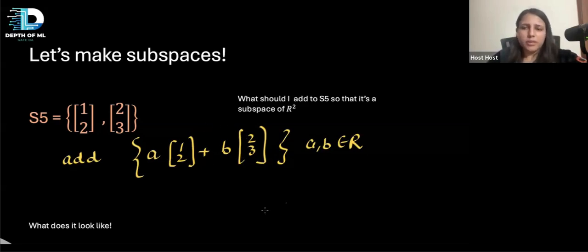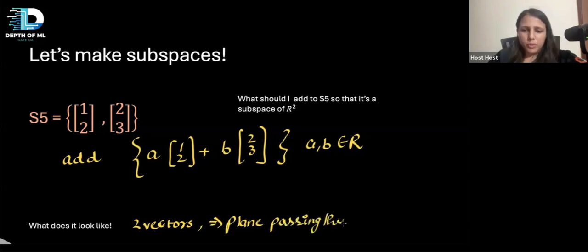We'll come to that in a while, actually. And what will it look like? I have two vectors and I'm taking a linear combination of two vectors. What does it give me? So it will be a plane passing through the origin. You guys are also right. This will also be R2.